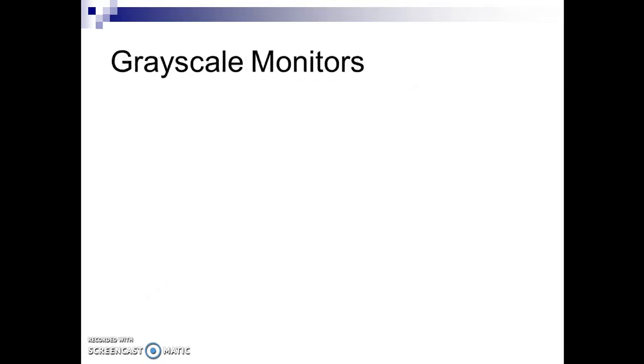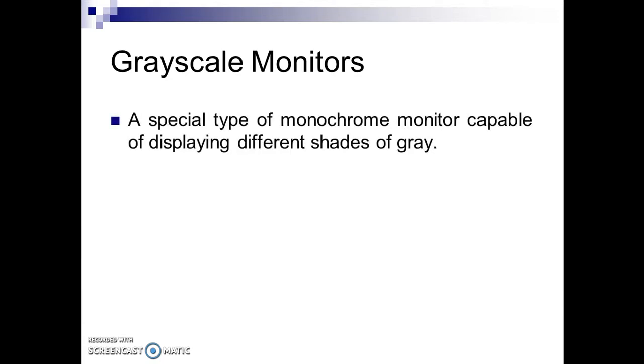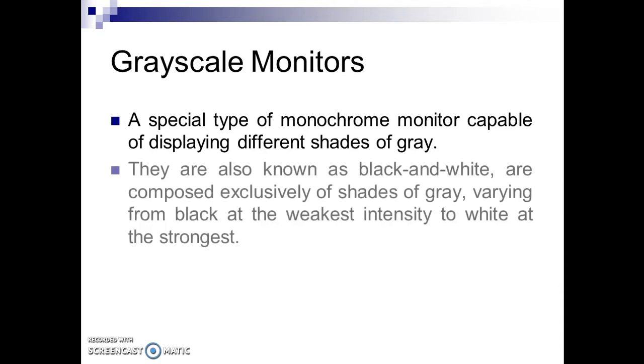Now, as people were realizing they needed a richer interface with their computers, they began to look at any way possible to try to give you a little bit more information from the screen. This is where we got to grayscales. They were a special kind of monochrome monitor, and they could display shades of gray. And this was an amazing innovation.